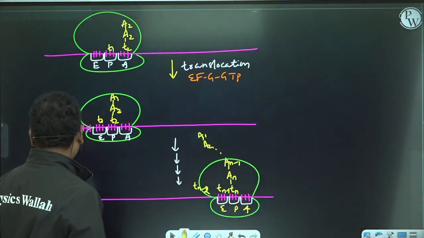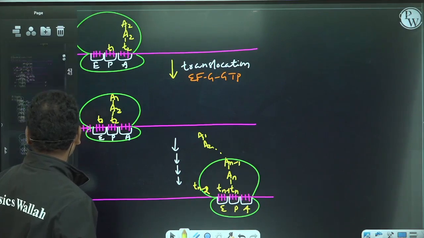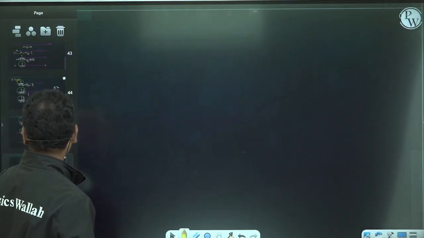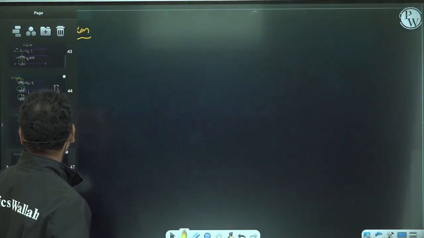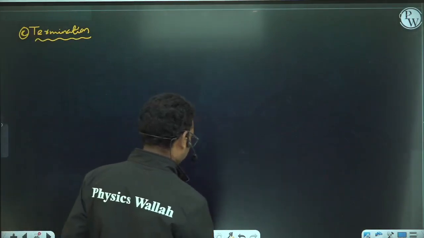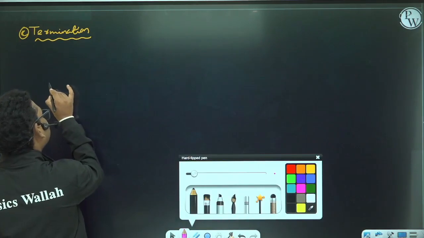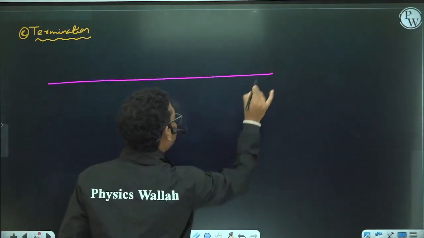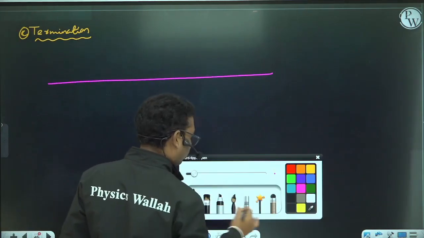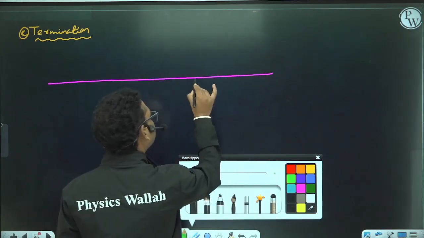Okay, now what about termination? What about termination? So suppose this is tRNA. Suppose this is mRNA. Okay, and suppose this is the ribosome.